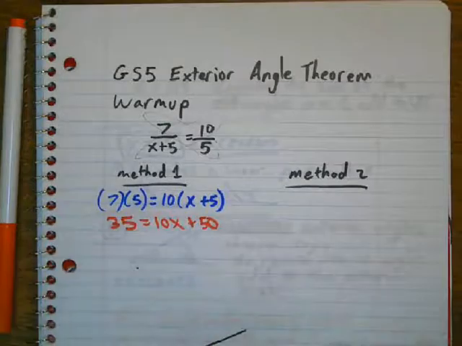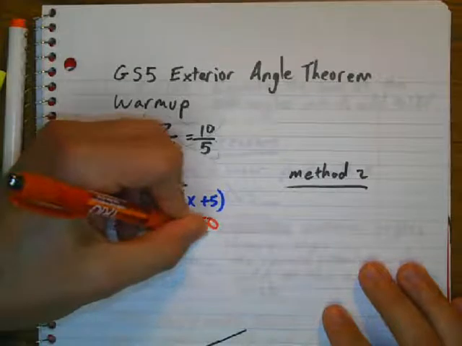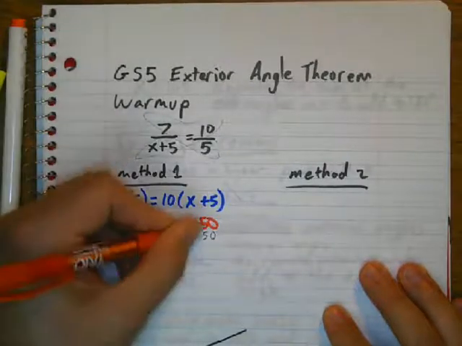Okay, and then next, to solve for x, to get rid of the 50, I'm going to subtract 50 on both sides of the equal sign, and that's going to go away.